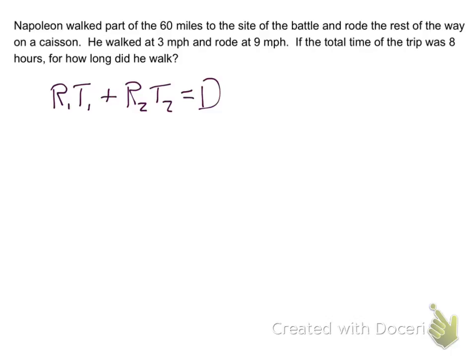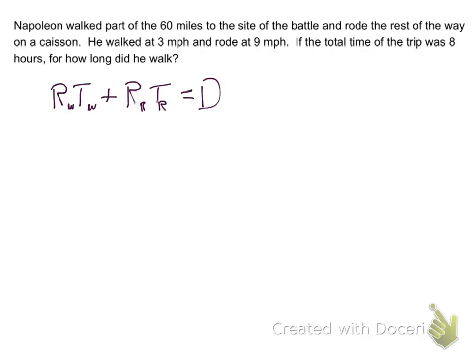Rate 2, time 2 will be the distance that you will ride. Do we know any of these values? Do we know the rate? Or even change this, guys. Change this to, instead of R1, how about RW, TW? Instead of rate 2, call it RR, TR. Walking, riding. Some way to distinguish what you're working with.